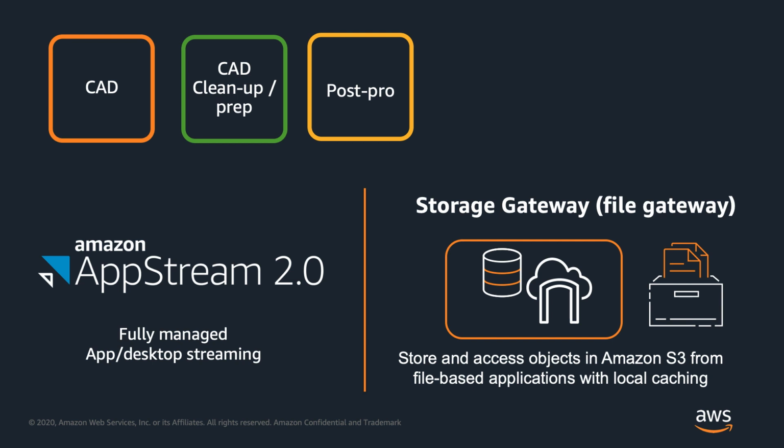The second key bit of this is you want to have some consistent storage that is available across all of them. And we have something like Storage Gateway, where you can actually store things, for example, in S3, our object storage system. And then each of these applications can see that same storage. And with something like Storage Gateway, you can even express that as a volume on your on-premise system.